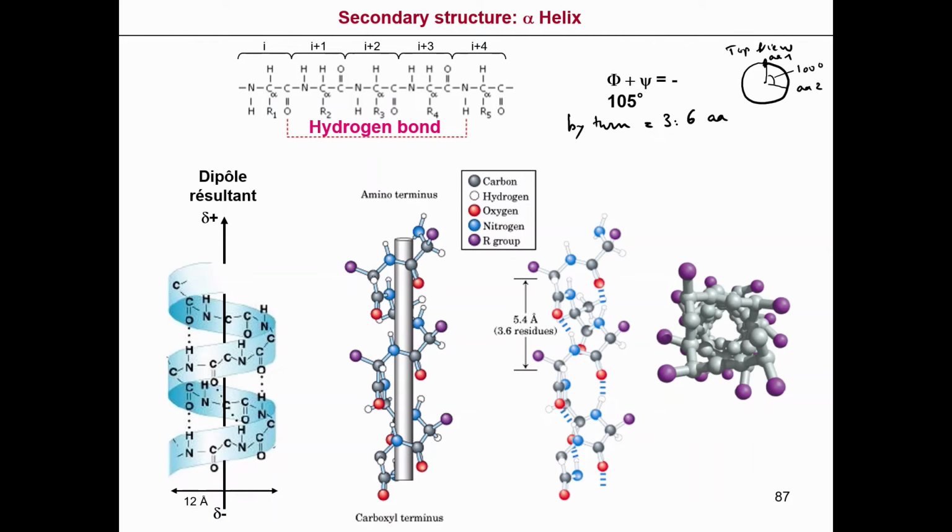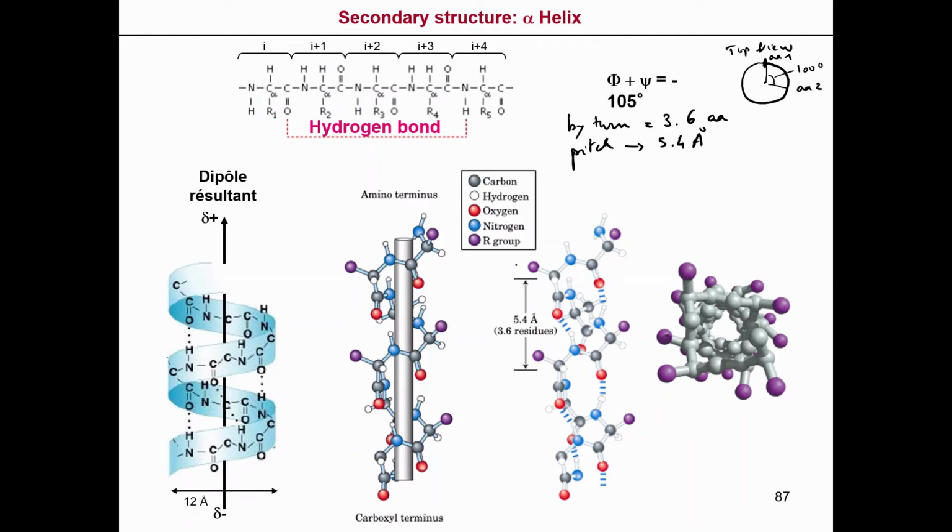I have 3.6 amino acids by turn, so the angle between two adjacent amino acids will be 100 degrees. Okay, the pitch of the alpha helix is 5.4 angstrom.